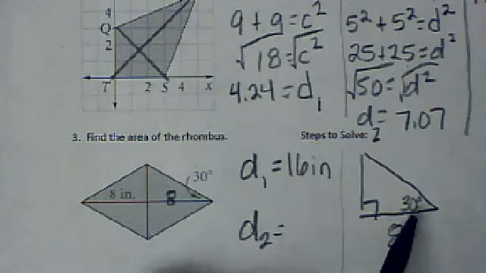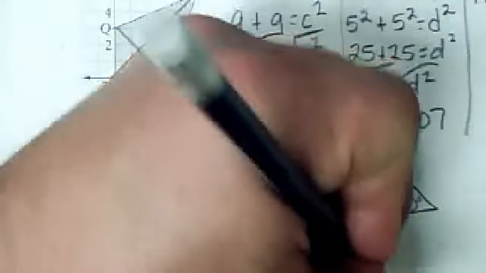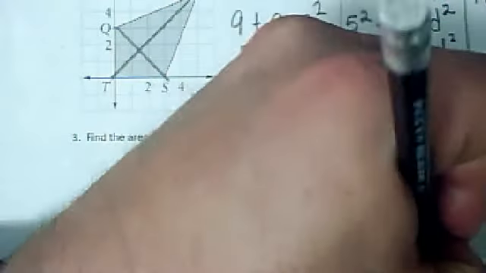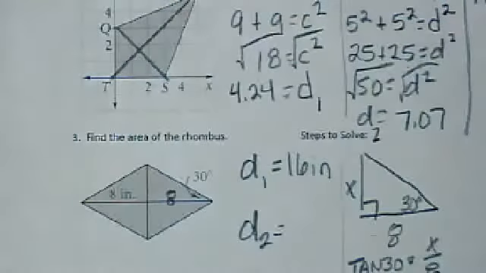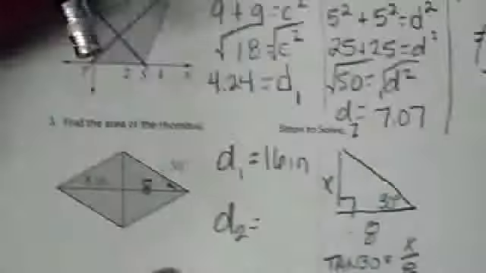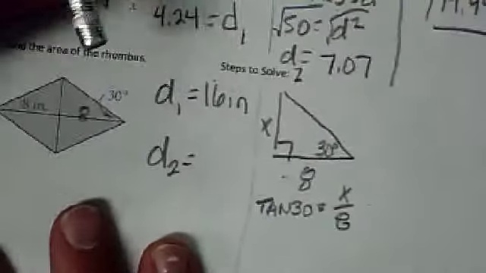So I'm going to go ahead and use my tangent function again because I have nothing in my hypotenuse, so tangent of 30. Remember, it's opposite over adjacent, so I have my value that I'm trying to find, we'll call x, x over 8. So that means I'm going to be doing 8 times tangent of 30 is equal to x.